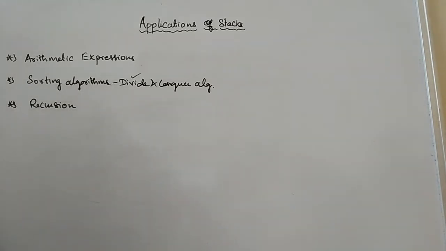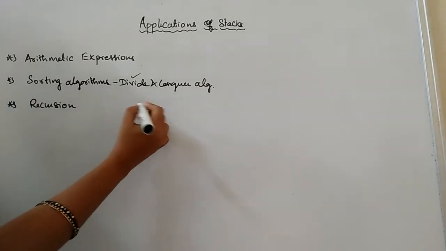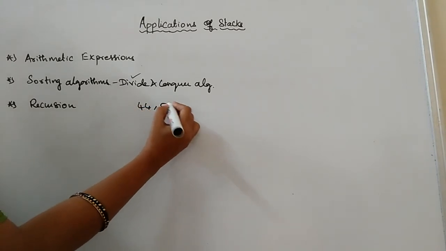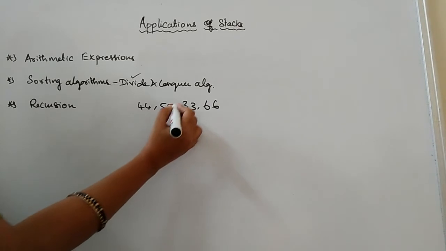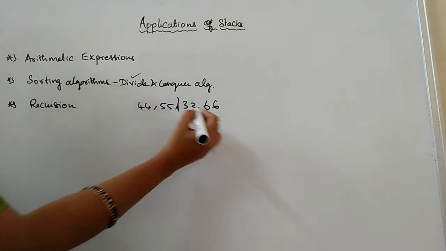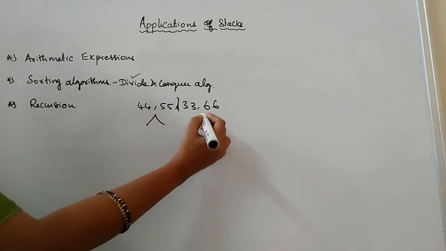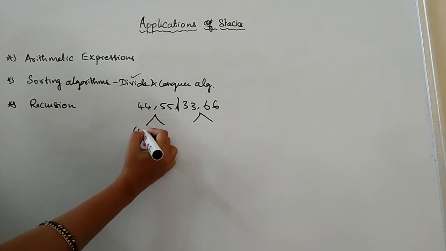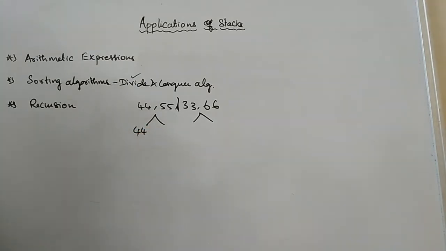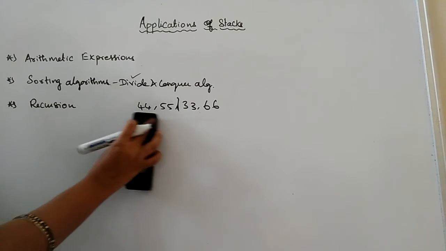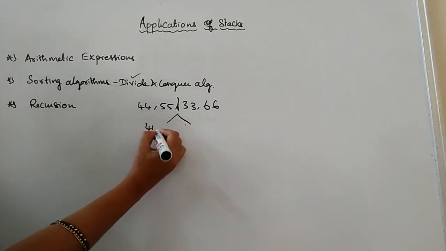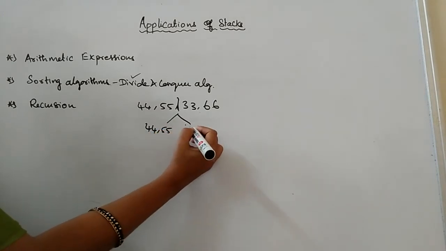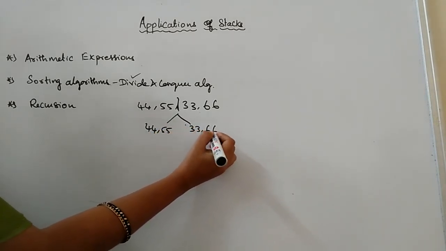As I said earlier, since we are fragmenting it into some parts. For example, here we have taken 4 elements, so it will be fragmented into 2, so I will have 44 and 55, here 33 and 66.